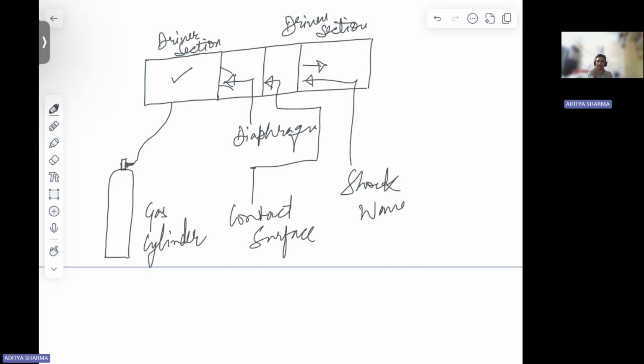It's not that the gas and shock are moving together. So this is your contact surface. And in the upstream direction from the diaphragm, you're going to have expansion waves.